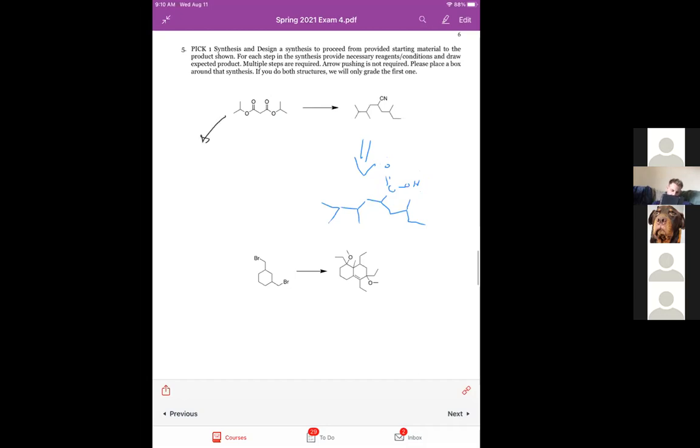So if we add in Na isopropyl here, followed by one of these. We could add the other half.